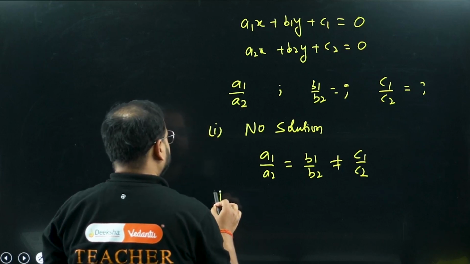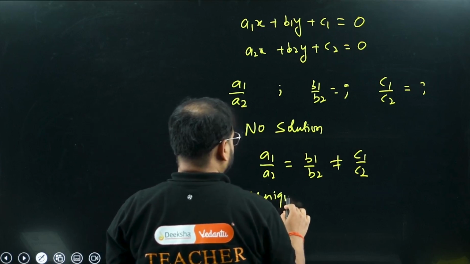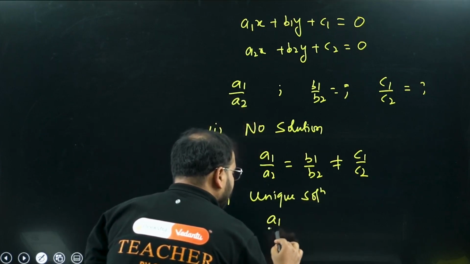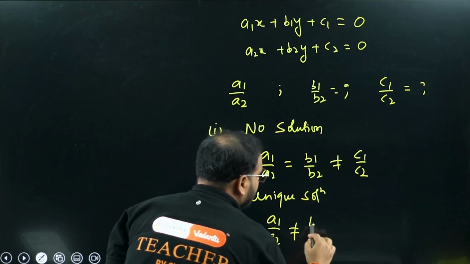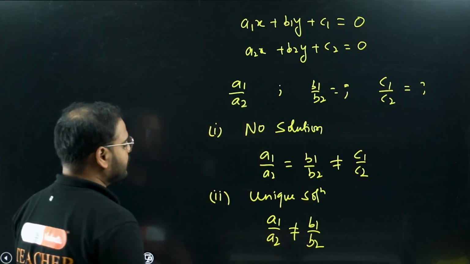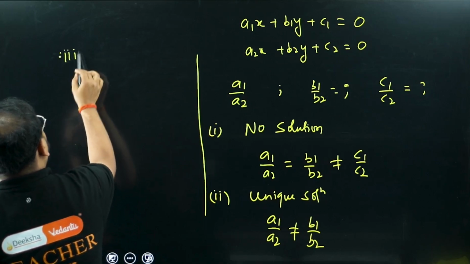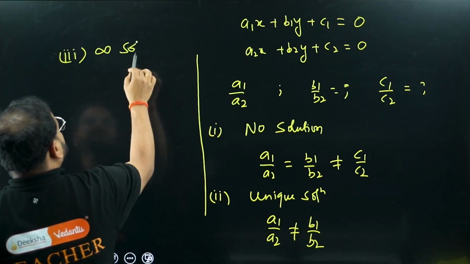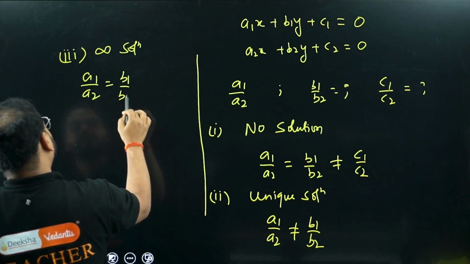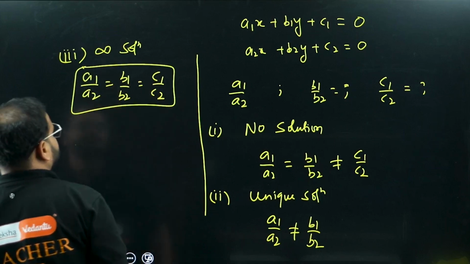Second one, unique solution: for this you'll have a1 by a2 not equal to b1 by b2. And the last one, for infinite solutions, you'll have a1 by a2 equals b1 by b2 equals c1 by c2.